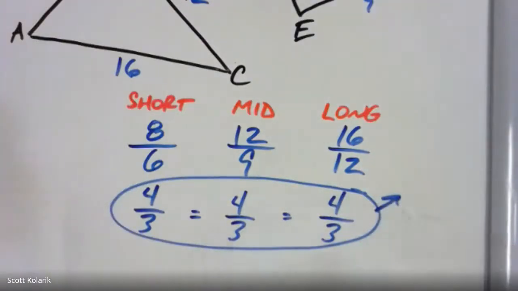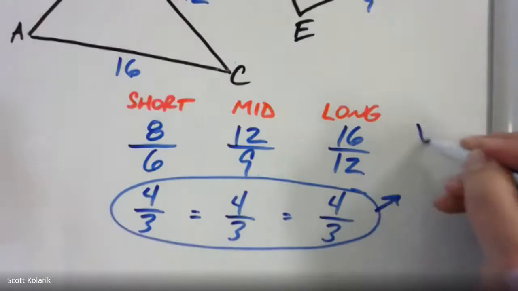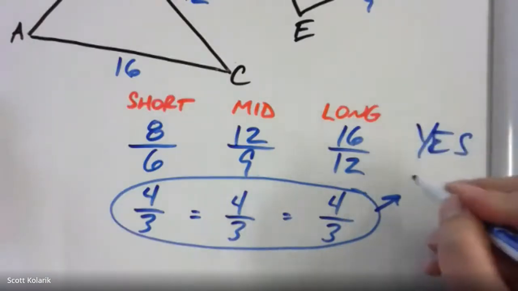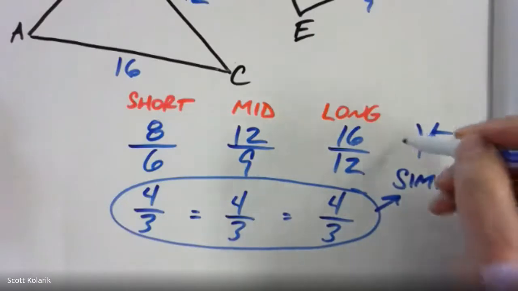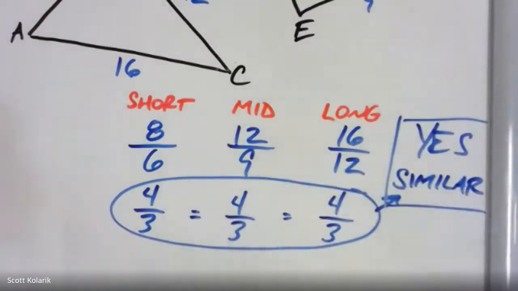What does this imply? That yes, these two triangles are in fact what we would call similar. They are scale models of one another. Okay, and again, in order for that conclusion to be met, I would need a constant scale factor. However complicated it may be, as long as it matches between all three sides, it is in fact a similarity.